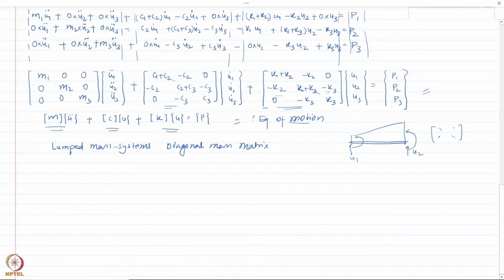The same is the case for the damping matrix. It is also symmetric. As long as our system is linear, the stiffness matrix that we get would always be symmetric.